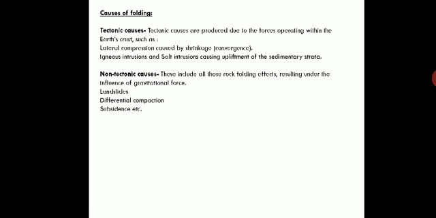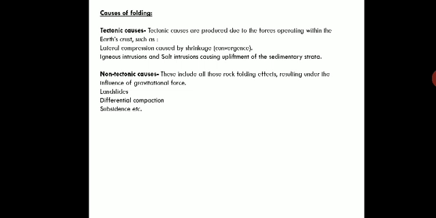So what are the causes of folding? There are two causes, one is tectonic and the other one is non-tectonic. Tectonic causes are produced due to the forces operating within the earth's crust, such as compressional forces, which act on the rock and cause shrinkage or convergence. So that results in folding.